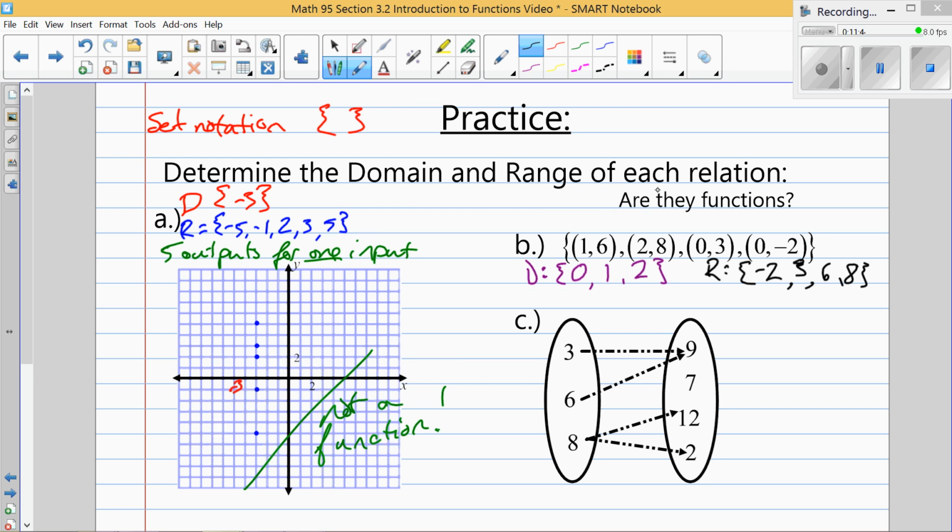Now we need to answer the question, is it a function? Again, to answer this, I'm going to look at my inputs. I have 3 inputs and 4 outputs. Immediately, if I have more outputs than I have inputs, we can know that it is not a function.